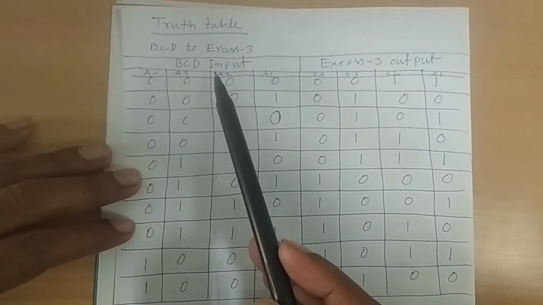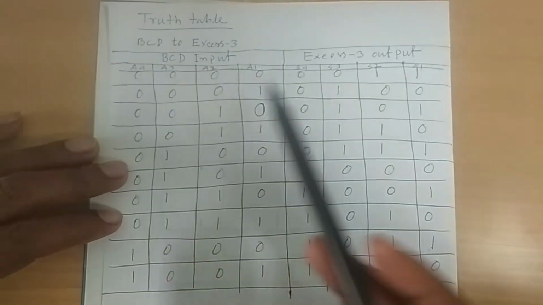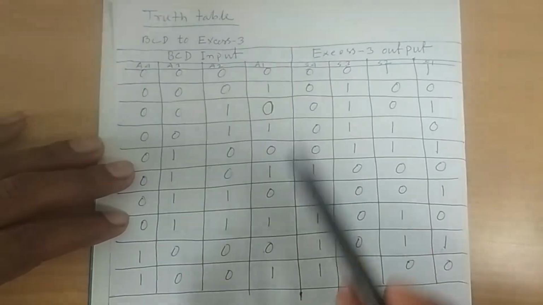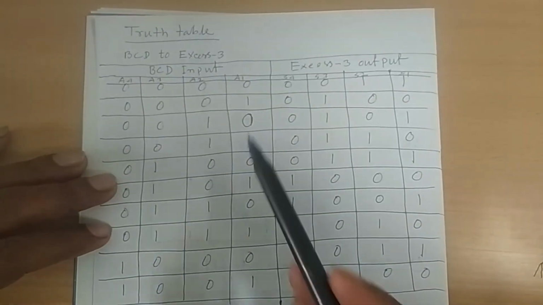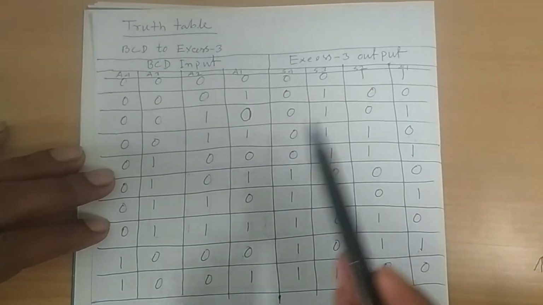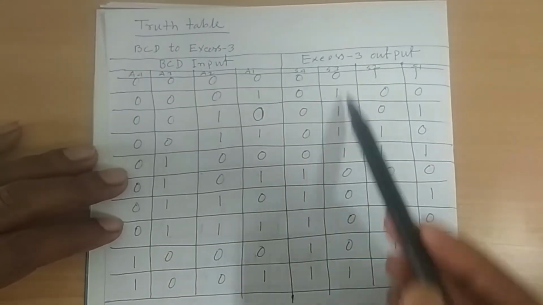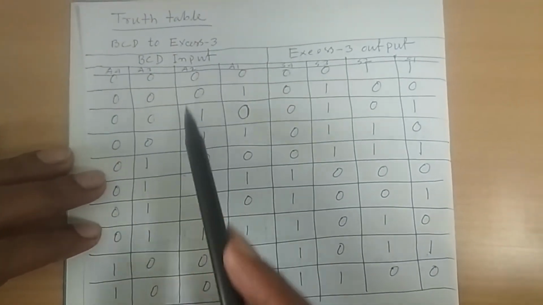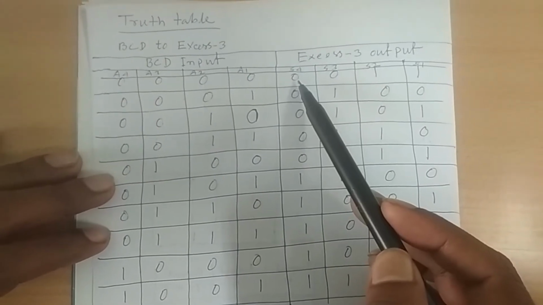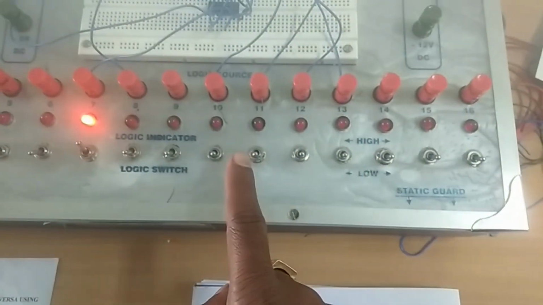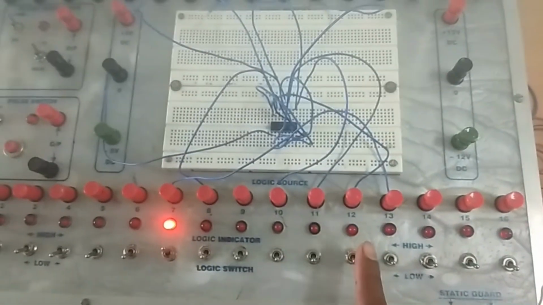This is the truth table. I am verifying this in the same table, but you have to draw the tables separately for both BCD to XS3 and XS3 to BCD. Now XS3 is the input and BCD is the output.